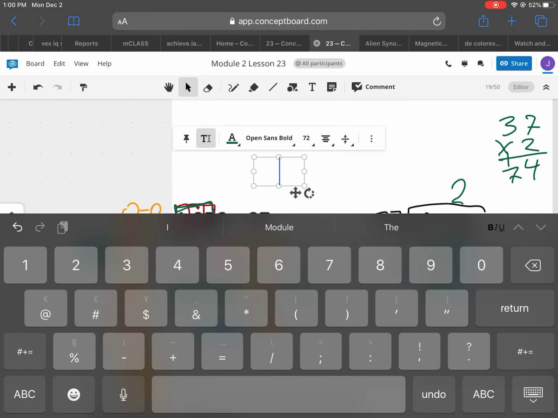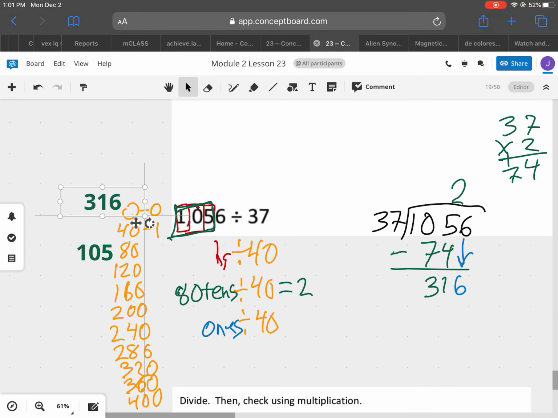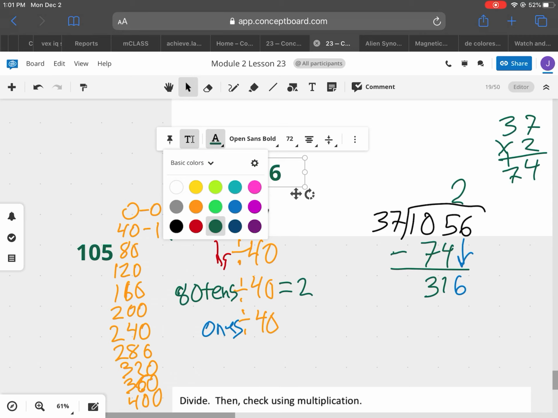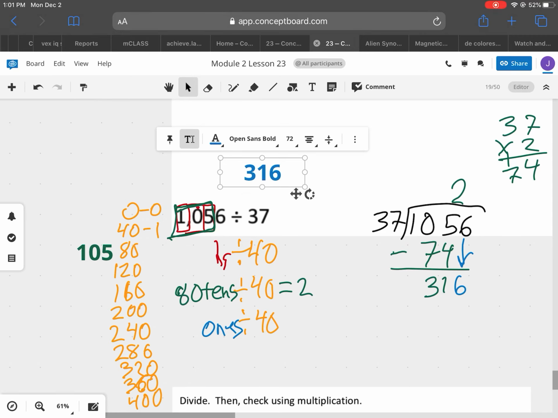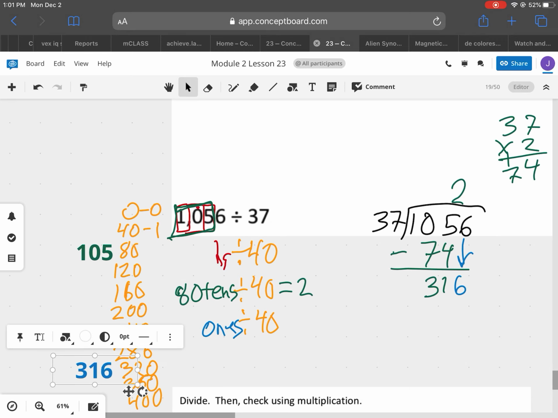So I'm going to do 316. And I'm going to go over here. Oops, sorry. 316 ones. And I'm going to see which one it's closest to. And it's closest to this one here.